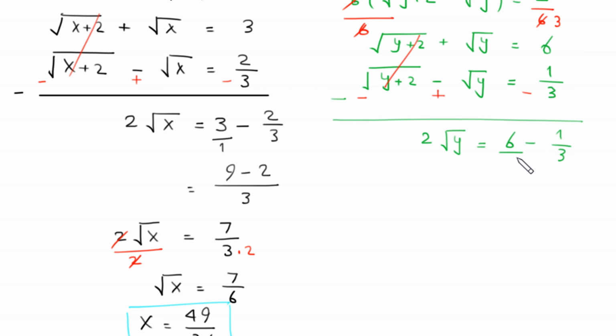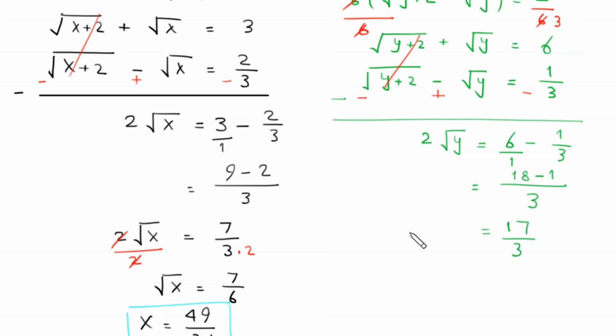We can write the denominator 1 and take LCM. LCM is 3. 3 divided by 1 is 3. 3 times 6 will become 18, minus 3 divided by 3 is 1, 1 time this 1, 1. So this will become 17 over 3.